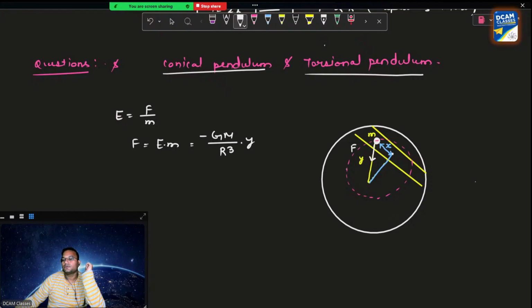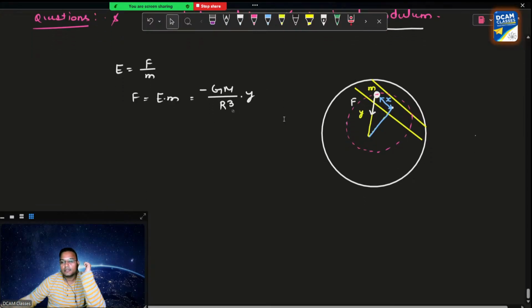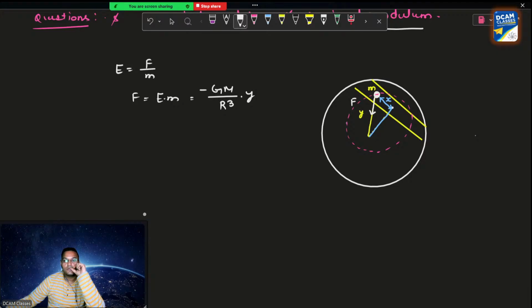This result you should know. You do not know that field one. It should be R square. No. The field is G M by R cube into small r. Actually, let me show you that result.